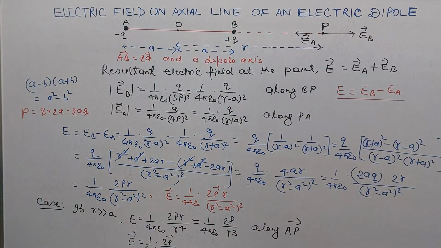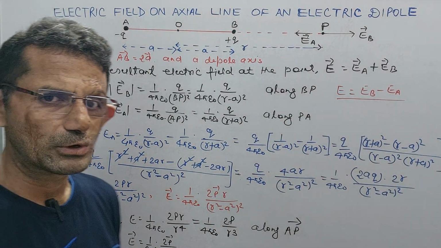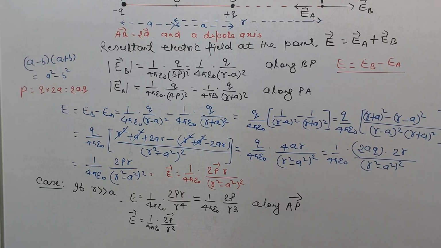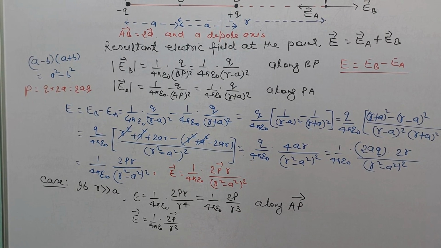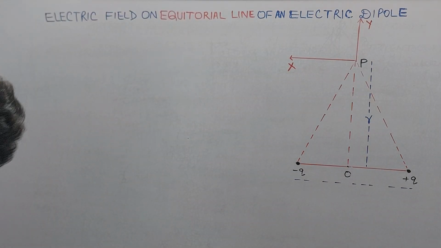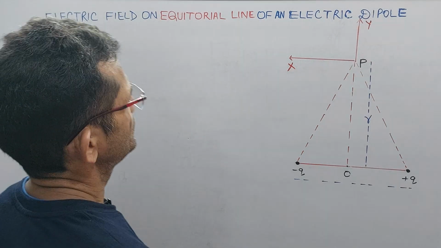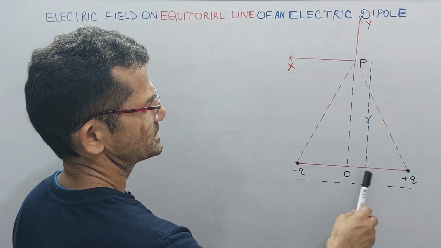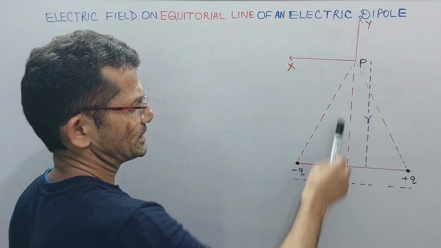Next topic we will discuss is the equatorial point. We have to find the electric field at the equatorial point. This is our system of two charges, minus q and plus q, and this is the dipole axis, and this will be our equatorial line.